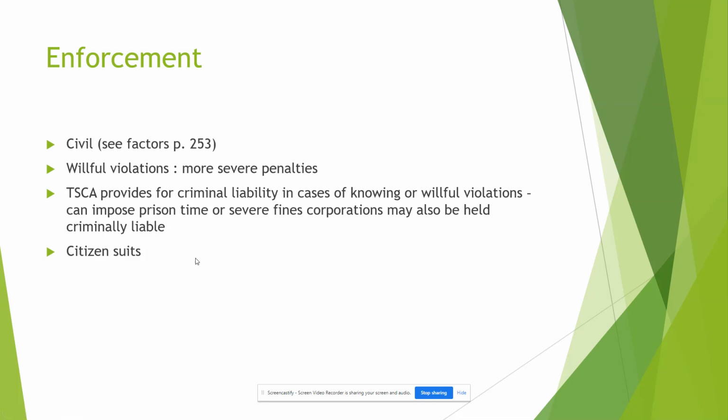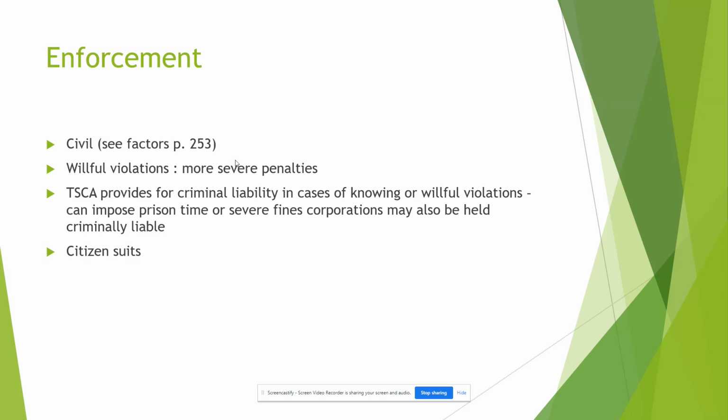Enforcement. There are different factors that influence the imposition of civil penalties. What's the violation? What are the circumstances around it? How bad, how serious? What did the violator do? What's their prior history? What's their financial situation? And any other factor as justice requires. They can look to all those things before imposing penalties.